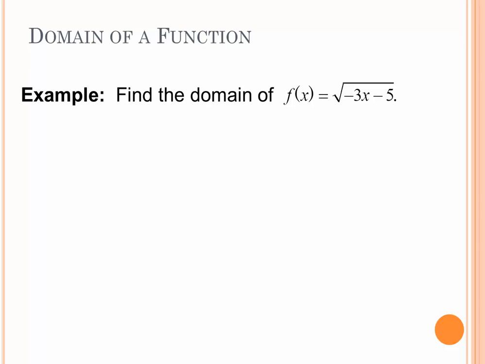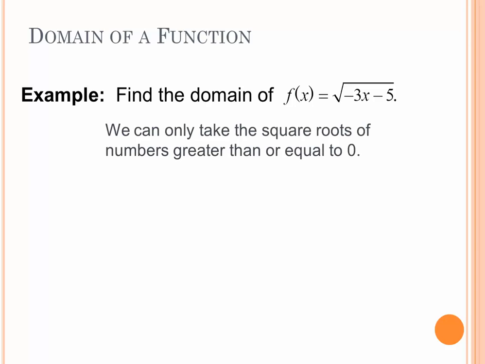So we say you can't take the square root of a negative number, or more specifically, the square root of a negative number is not a real number. So we want to force our radicand, in this case negative 3x minus 5, to be greater than or equal to 0.